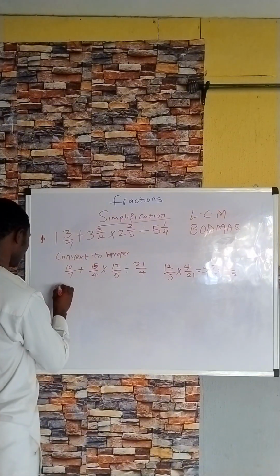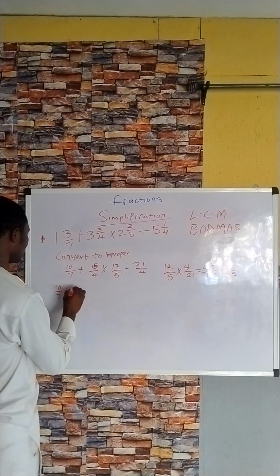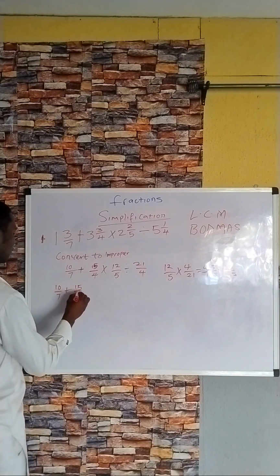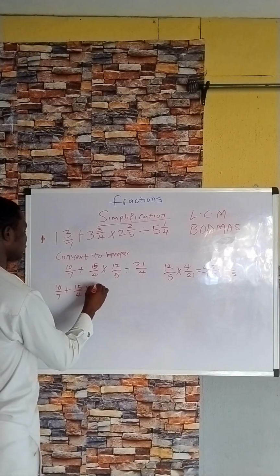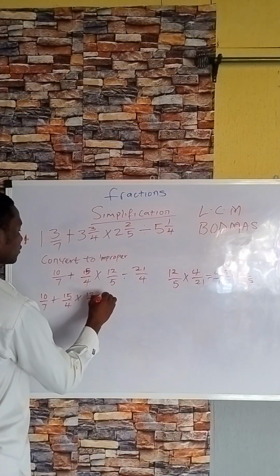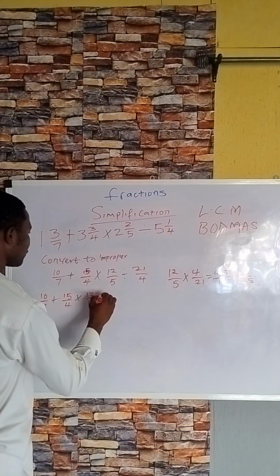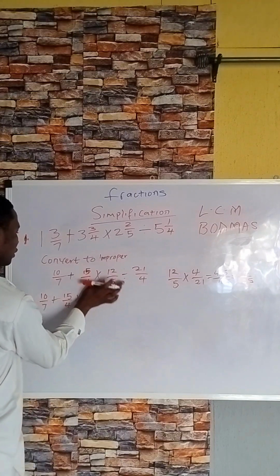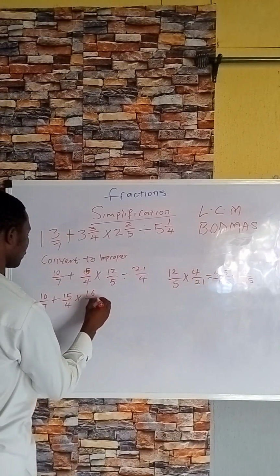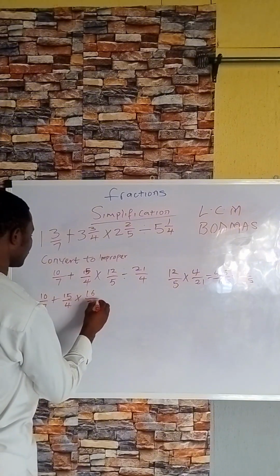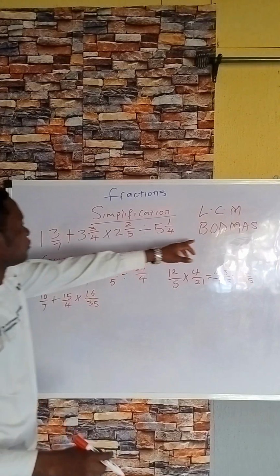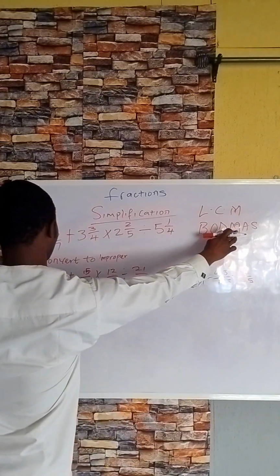So this becomes 10 over 7 plus 15 over 4 times, no, sorry, no longer 12 over 5, now 16 over 35. Alright, so in BODMAS, the next thing we deal with now is multiplication.